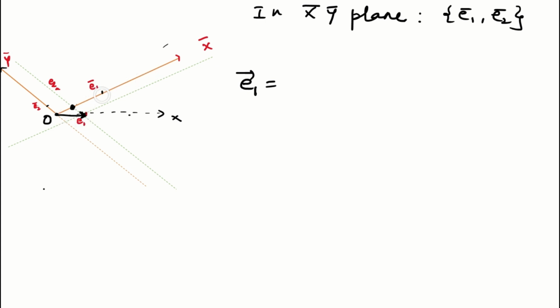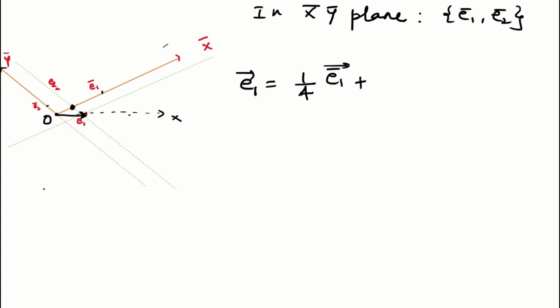So how much E1 bar do you need? This is 1/4 of E1 bar. This is the E1 bar vector, plus how much E2 bar you need. On the y bar axis, when you drop a line, it will be on the negative side, because this is positive y bar, and after O, the dotted orange line is the negative of y bar. When you drop the line, it has to be parallel to the x bar axis.